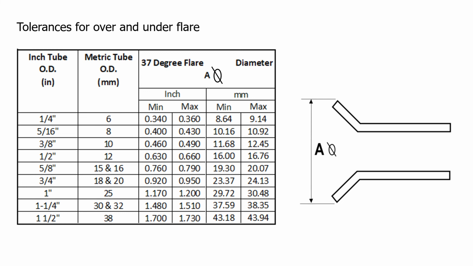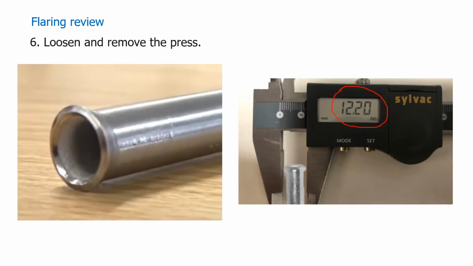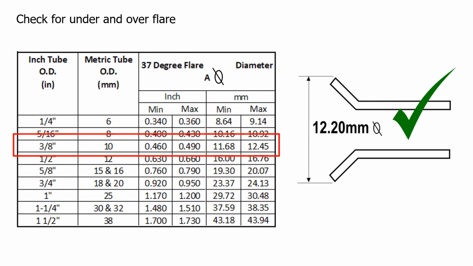In this table here, we can see that there's tolerances, top and bottom tolerances for the flare. After I've performed my test flare, I'll take a measurement on the outside diameter of the flare. In my example of the 3/8 tube, my bottom size is 11.68 millimeters and my top size is 12.45 millimeters.